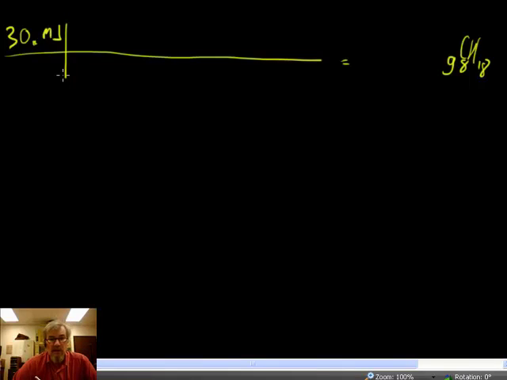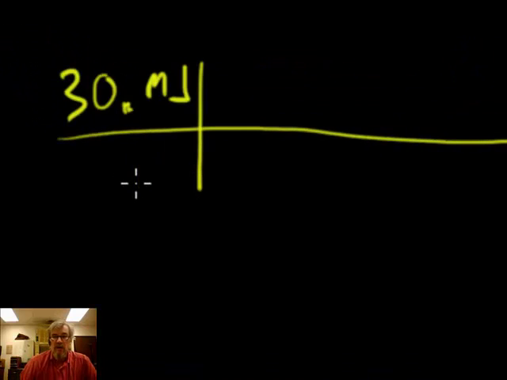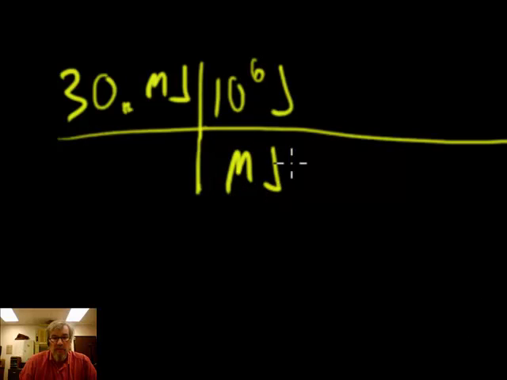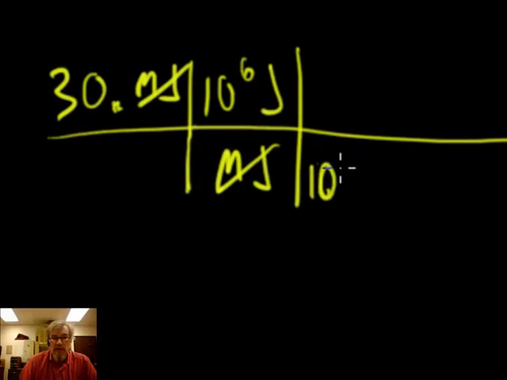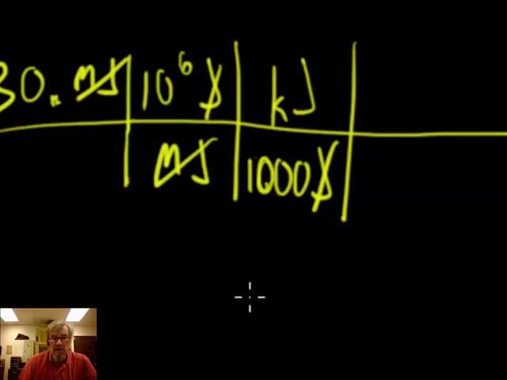So I want to get this into kilojoules, first of all, and then somehow turn that into octane, using things that I know. So I know that there are 10 to the 6th, or a million joules in every megajoule. So that'll convert me into joules and get rid of megajoules. But I'm really going to want kilojoules here, so I know that there are 1,000 joules in a kilojoule, and that'll get rid of joules and get me kilojoules.